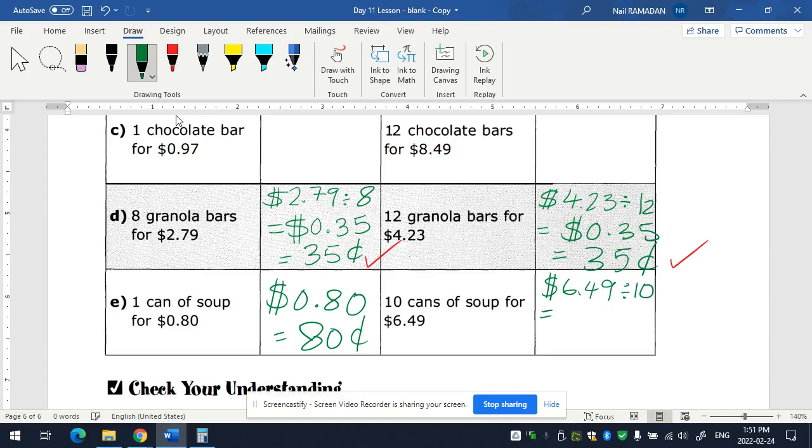Oh, that's a clear choice, because that will be 0.649 or 65, which is what? 65 cents. Oh, that's quite the difference. 15 cents. Obviously, it's not going to matter if you're buying only one can, but if you're buying 100 cans, that's $15 of difference. You might need that $15.